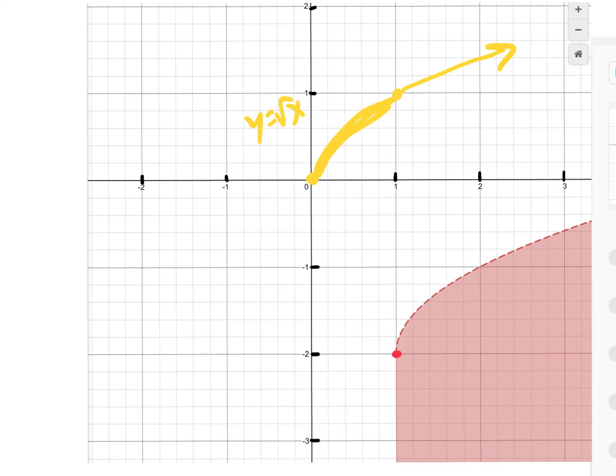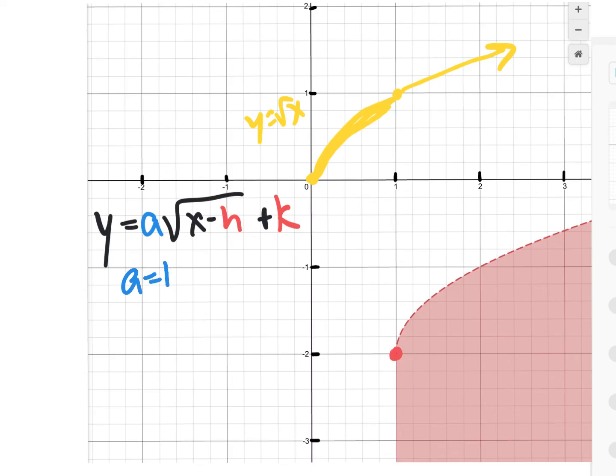Once again, the form that we want is y equals a square root of x minus h on the outside plus k. All right, so we have confirmed that the a value, it didn't get vertically stretched or compressed, it didn't reflect. It's the same exact pattern from here to there, right? So the a value must be 1. The a value is 1.